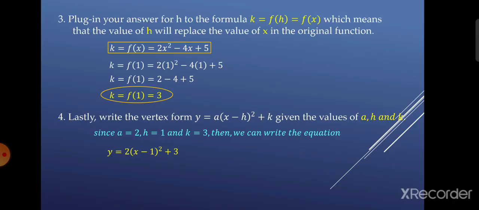If h were negative 1, the formula is x minus h, so x minus negative 1 becomes x plus 1. If k is negative, then plus 3 becomes minus 3. If h or k is negative, their operations change. Understood?